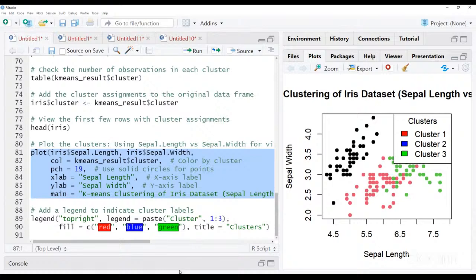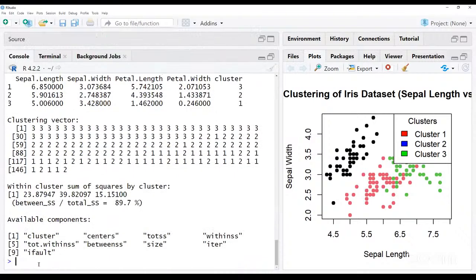Now you can write down plot. Instead of sepal length, you write down other variables, then you check what that is.